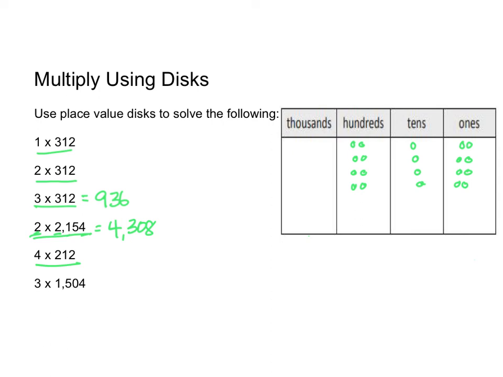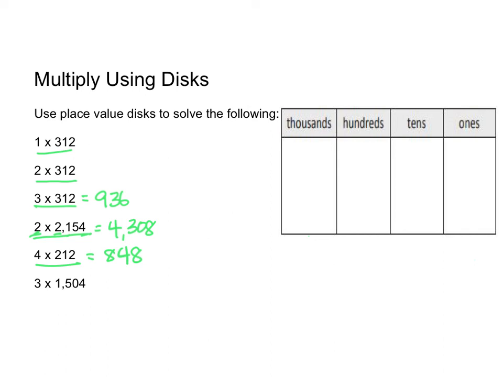All right, so now we have 4 times 212, and so we can add up our ones, which we have 8 of. We can add up our tens, we've got 4 of those, and our hundreds, we've got 8. So 4 times 212 is 848.